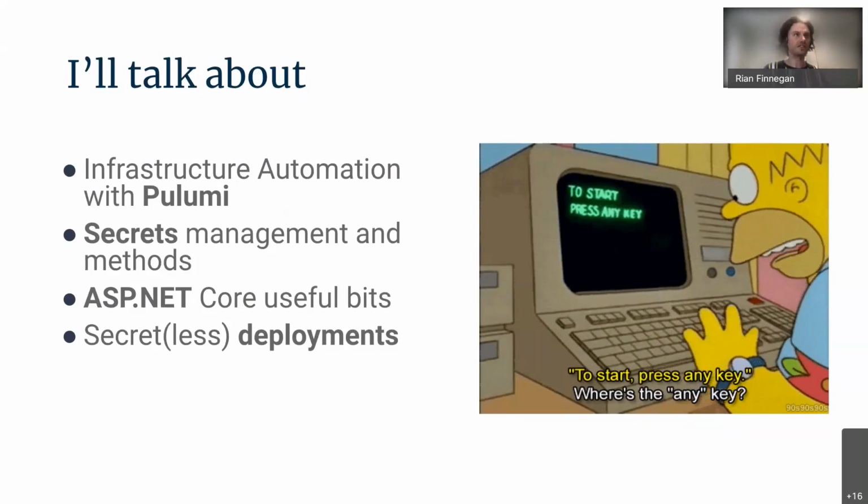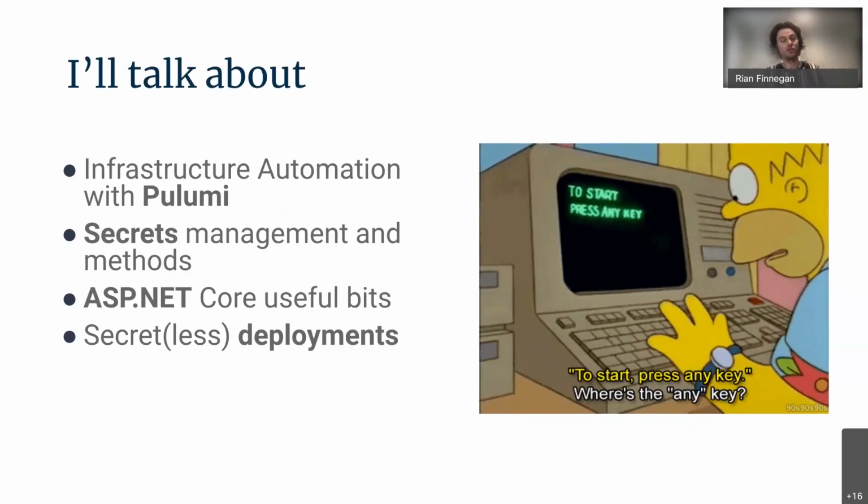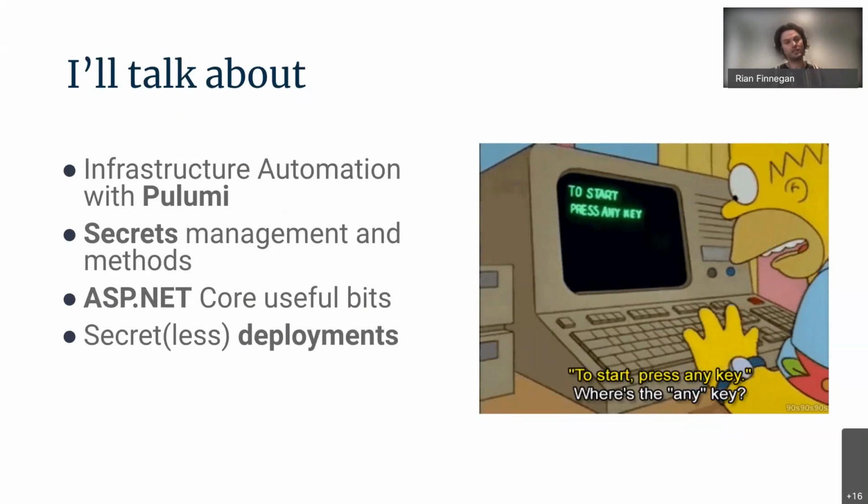We'll briefly touch on some parts of ASP.NET Core, which are really useful if you're using a lot of secrets and you want to write nice looking code that's easy. And then at the end, if we have time, I'll show you how you can do mostly secretless deployments. For that, we'll use Pulumi again and GitHub Actions.